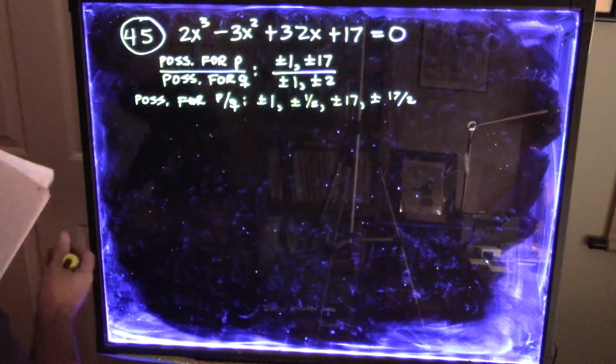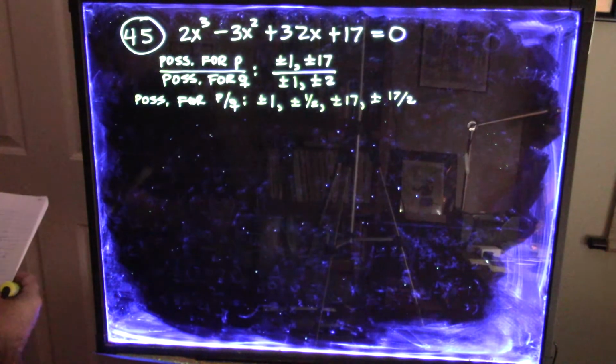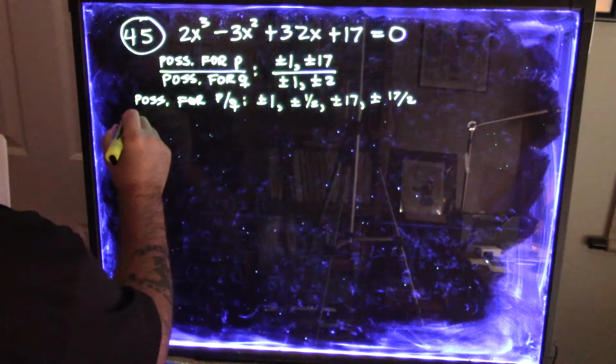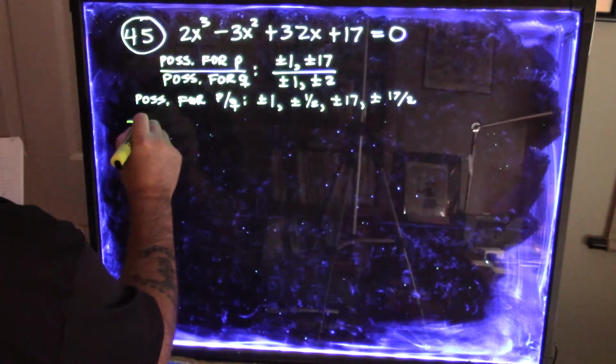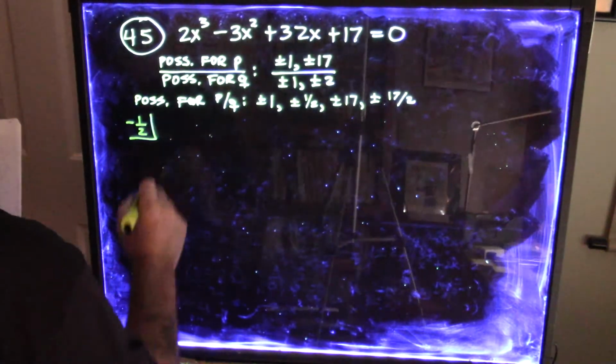Okay, so it turns out that negative 1/2 is one of the numbers that'll work.